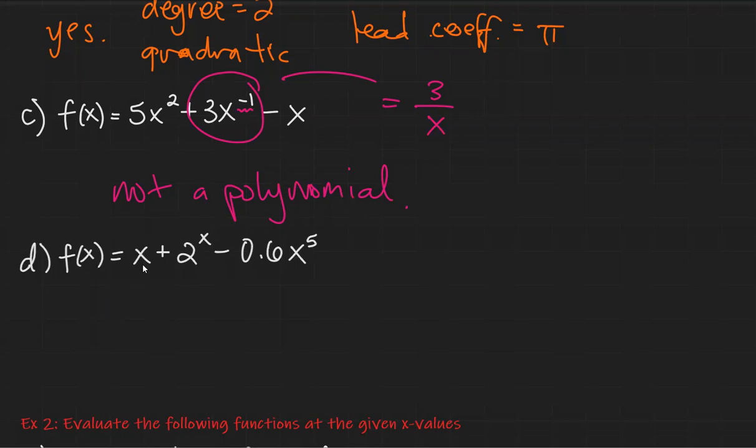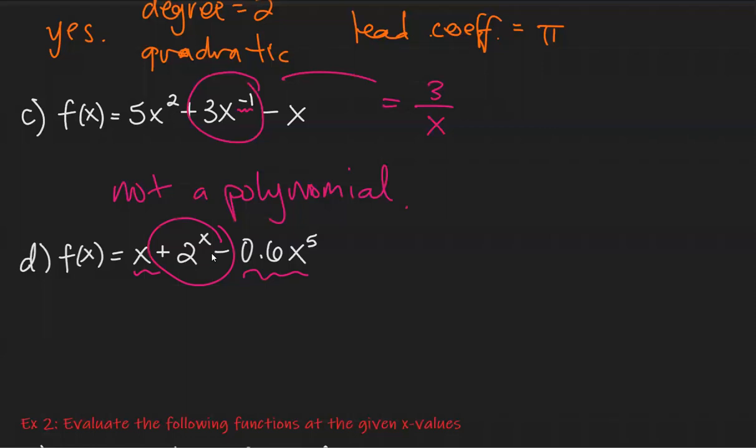Last one, x plus 2 to the x to the power of x minus 0.6 x to the 5th. So these two terms are good. There's an issue with this term. Our exponents need to be whole numbers. Now, x is allowed to be a whole number, but actually x is allowed to be more than just whole numbers.